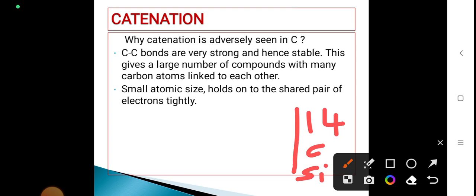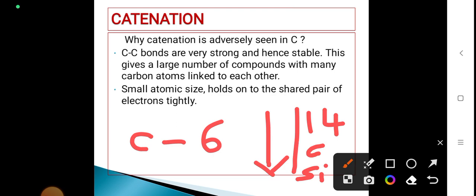So carbon has an atomic number of 6. We should understand that as we move down the group in the periodic table, the size of the atom goes on increasing. So in that case, silicon has a larger atomic size compared to carbon.